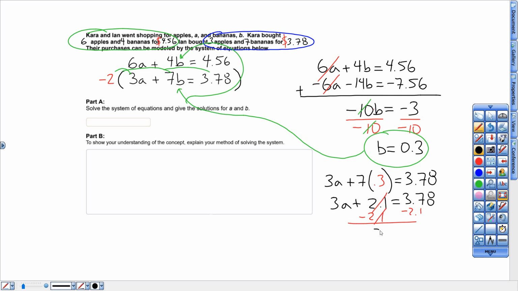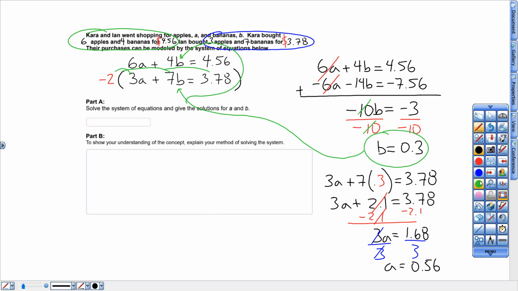And then after I get that answer, I'm going to do the opposite of timesing by 3. I'm going to divide by 3. So that should give me 1.68 positive. And if I divide by 3, that gives me the other half of my coordinate, which is 0.56.